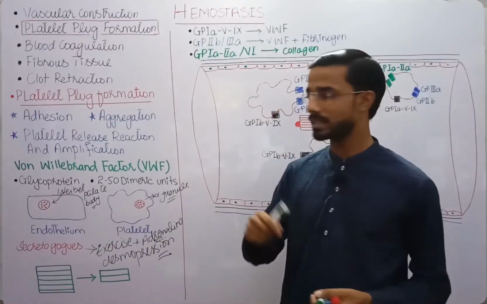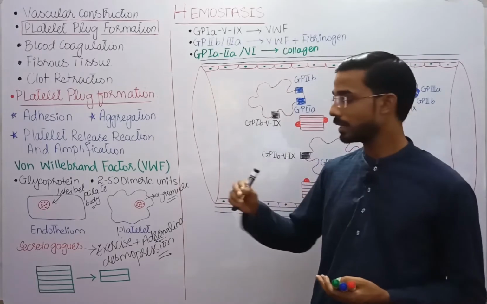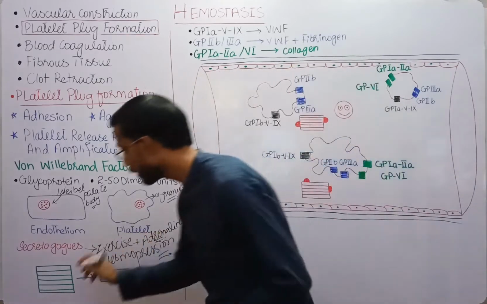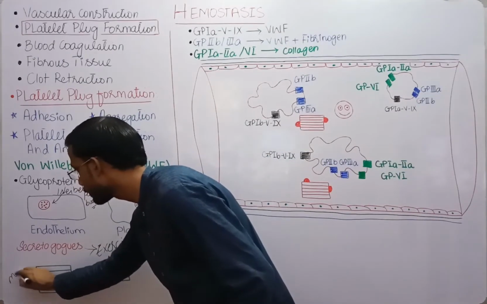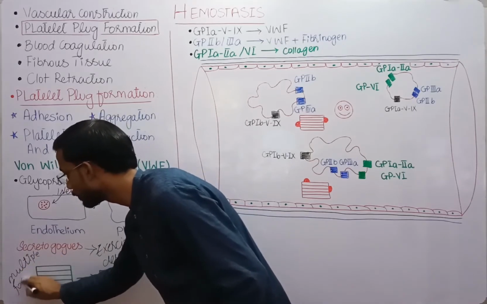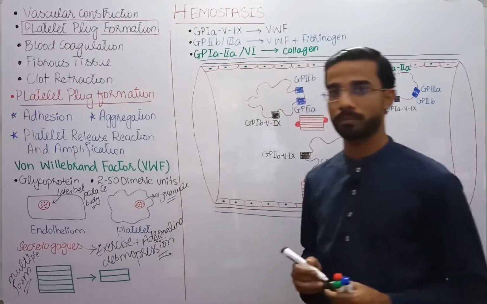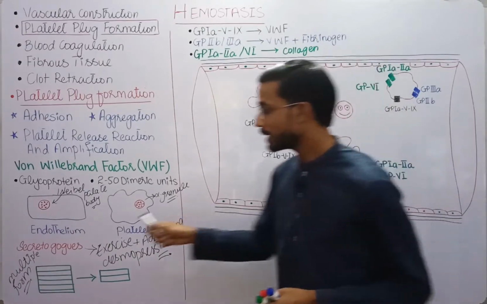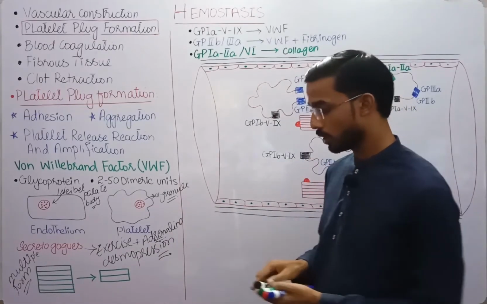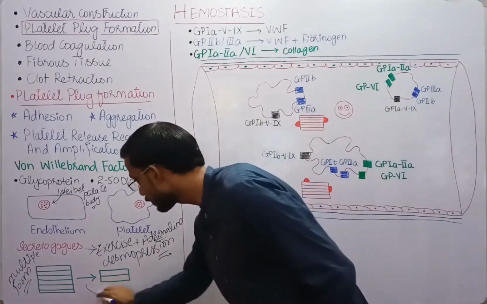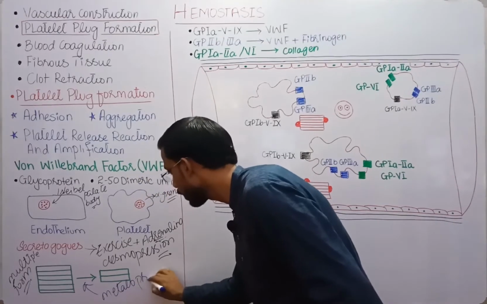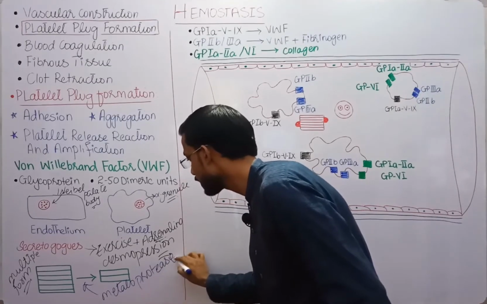Here is the structure of the von Willebrand factor having different subunits. They are present in multiple forms, right? When they are secreted from the endothelium, they are in full active form or multimer form. This is a multimer form, and this is active form, and it is converted into different dimeric or smaller subunits with the help of a metalloprotease enzyme.